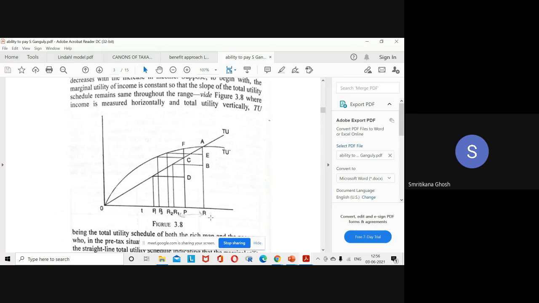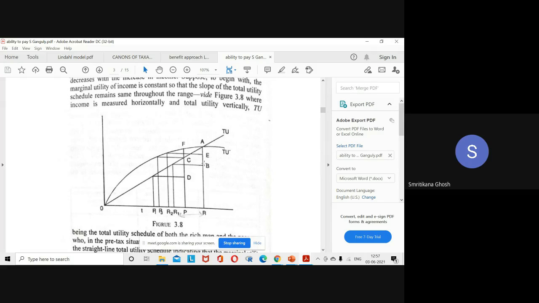Now look, after paying the tax, this is the total utility of the rich. What is the sacrifice of total utility by the rich? If you make a parallel line like this, then AB is the sacrifice of total utility by the rich.